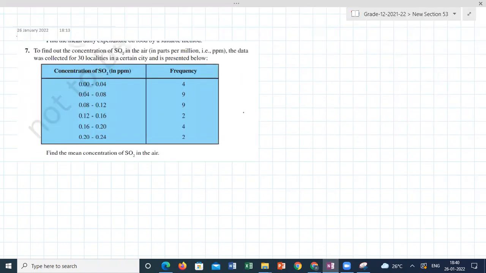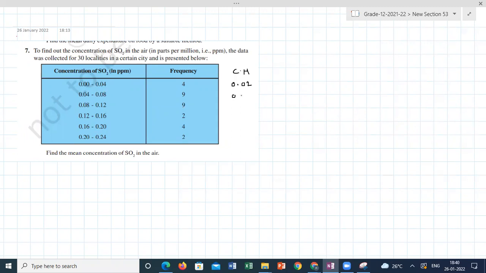Concentration of SO2 in air, the data collected from 30 localities. Same as before, the class mark is the average of these two. This is 0.02 the average, and the next one is (0.04 plus 0.08) by 100.